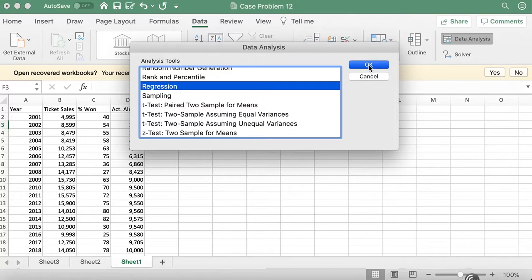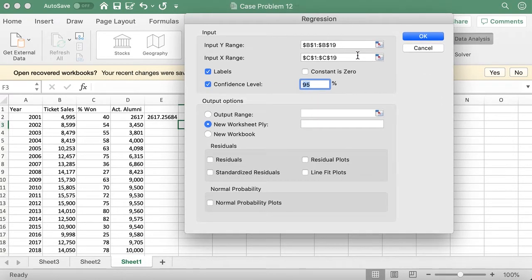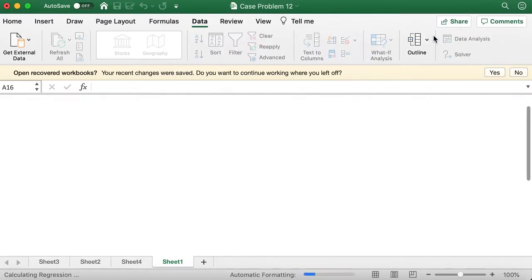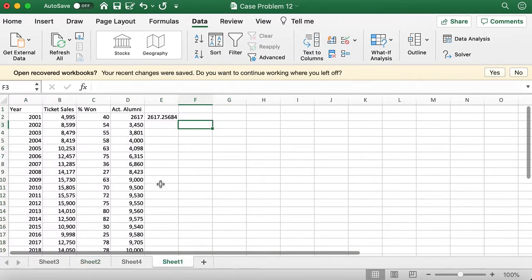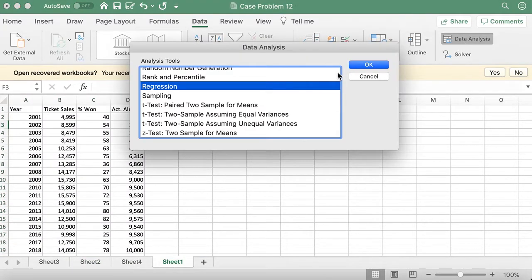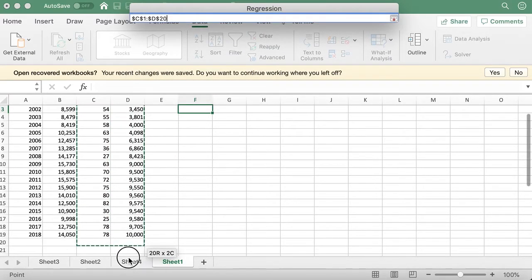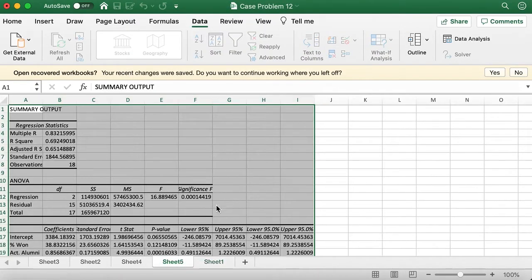We did our regression with just the percentage of games won. Now we're going to do it with the active alumni, and we'll click OK. All of the things remain the same. And then finally, we will do both our active alumni and the percentage of games won. It's nice whenever you use the labels because you'll see them in your output.